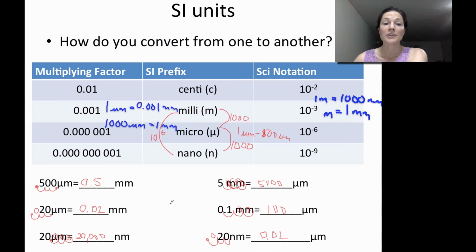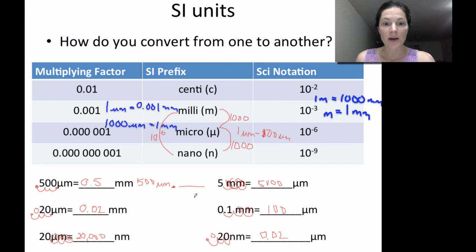So you might be able to just easily do this. If you're not sure or you think you're going to mess this up, one of the things that I really like to do is write myself a conversion factor. So if I say 500 micrometers, I'm going to multiply by a conversion factor where I know that these two units are equal.